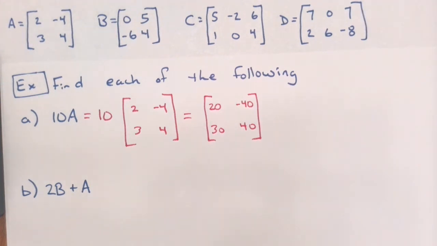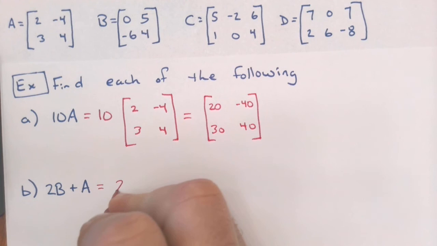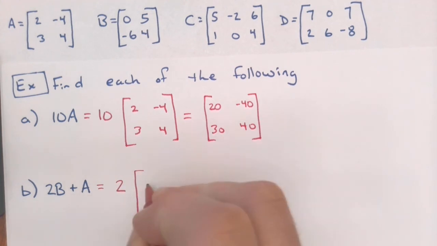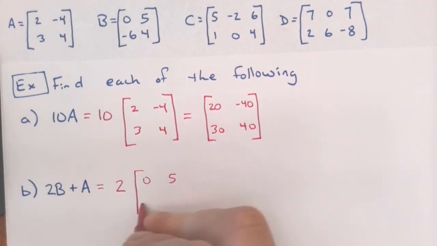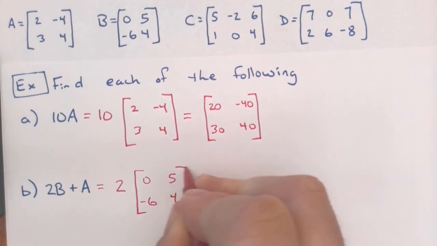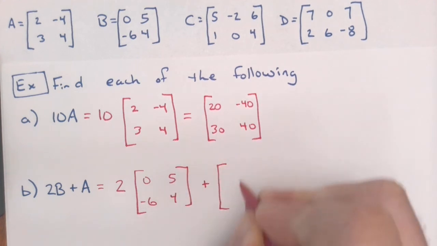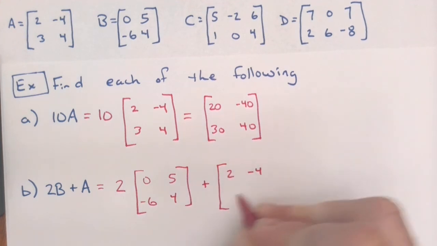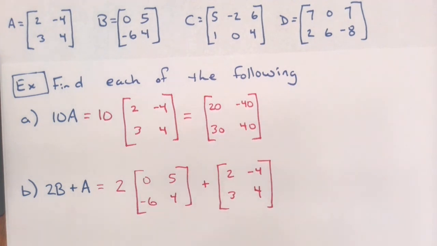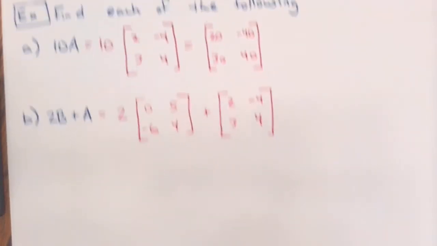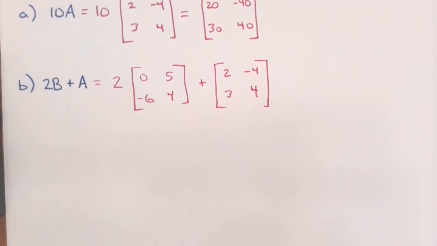So 2 times matrix B would be 2 times the 2 by 2 matrix, 0, 5, negative 6, 4. And then to that we would like to add matrix A, which is 2, negative 4, 3, 4. Two operations again, multiplication and addition.